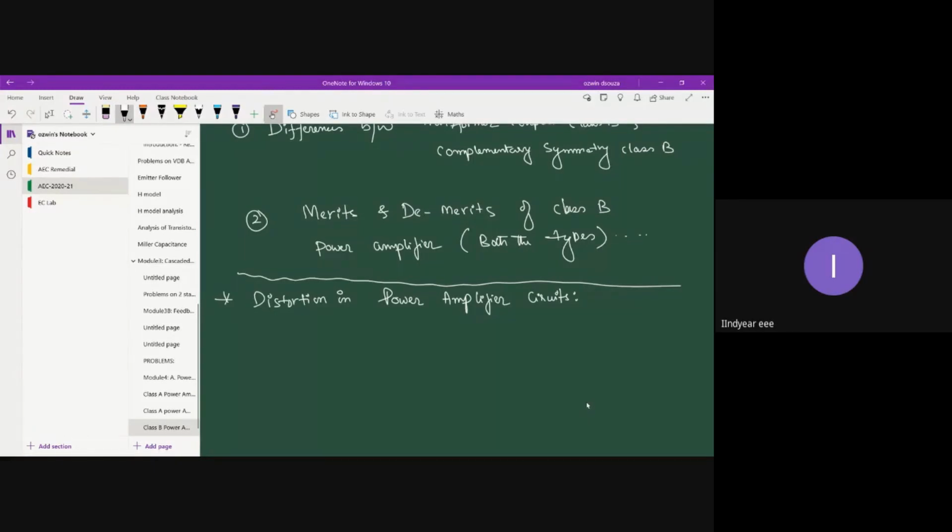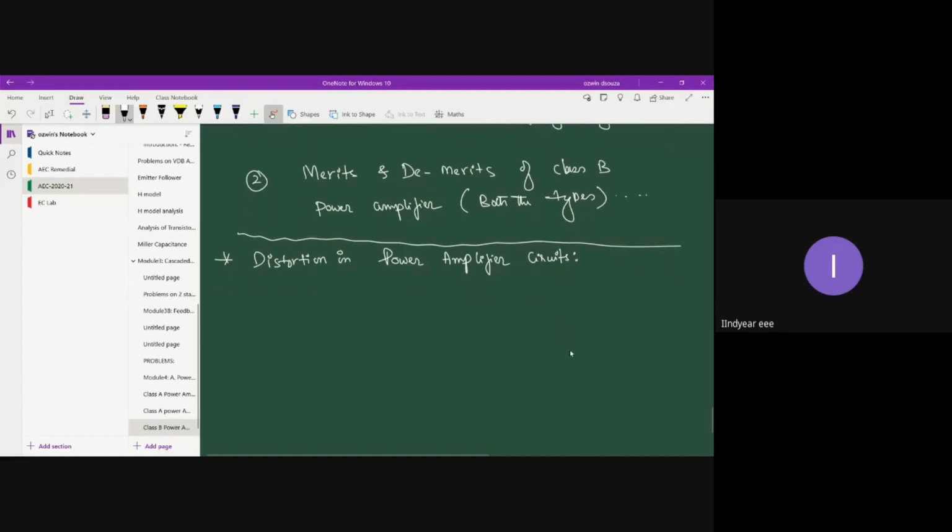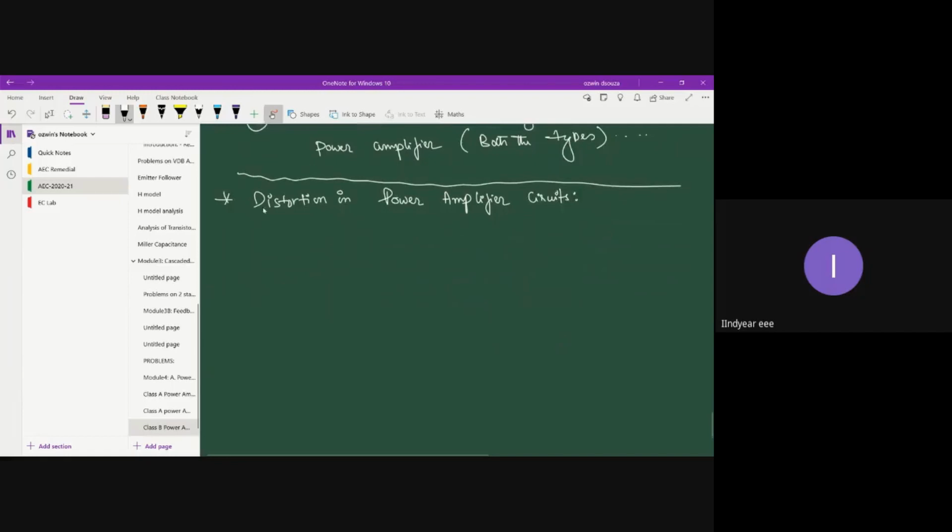I do not know whether it is a printing mistake or not, but in the past two external valuations which I have corrected, questions have been asked from distortion in power amplifier circuits, and VTU has never told that these questions are from out of the syllabus. So I assume that distortion in power amplifier circuits is not included in the syllabus due to the printing mistake. That's the reason I find it very important to discuss distortion in power amplifier circuits.